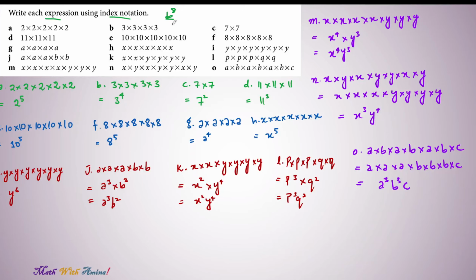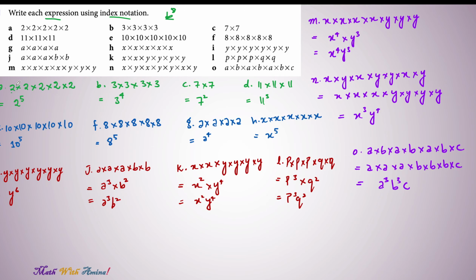Starting with the very first expression of this question, we have 2 multiplied by 2 multiplied by 2 multiplied by 2 multiplied by 2. We have to identify two things, the base and the index. The base, as we mentioned earlier, is the number itself. The number that is getting multiplied with itself is 2, so the base is 2.